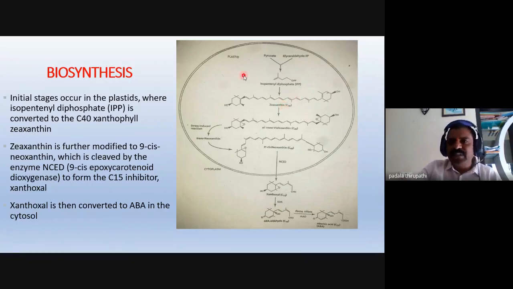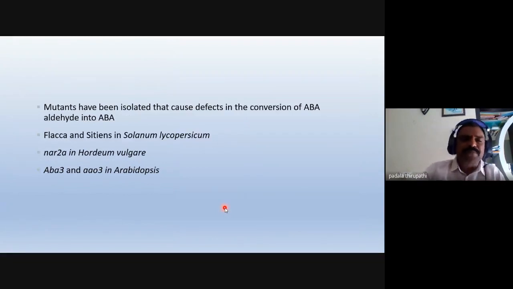So these biochemical reactions we observe in the plastid, and afterwards, in the presence of NCED, this cis-neoxanthin moves towards the cytoplasm, and in the cytoplasm the xanthoxal is finally converted into abscisic acid. So this is about the biosynthesis of abscisic acid.